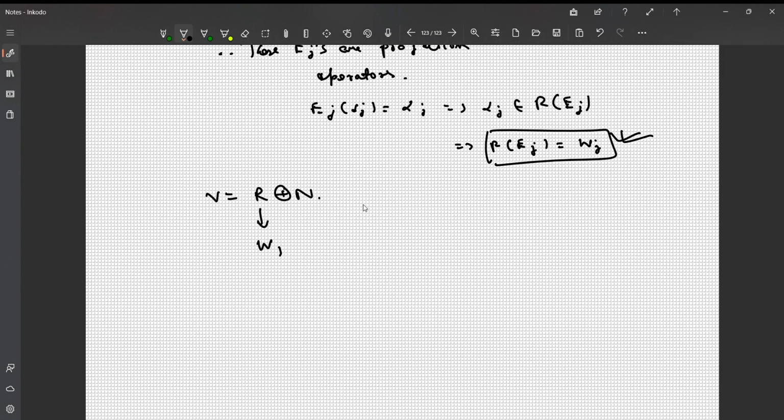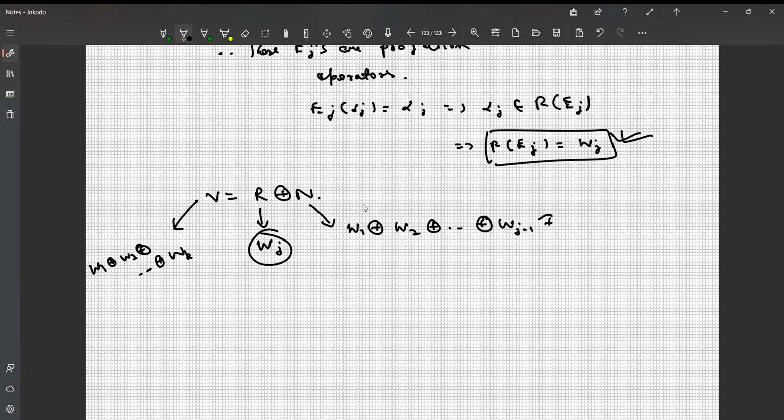The range space is Wj. So what should be the null space? Because we have V as the direct sum of W1, W2 and so on till Wk, Wj can be extracted out as the range space. So the null space constitutes all the other subspaces: W1 plus W2 and so on till Wj minus 1, direct sum Wj plus 1, and so on till Wk.